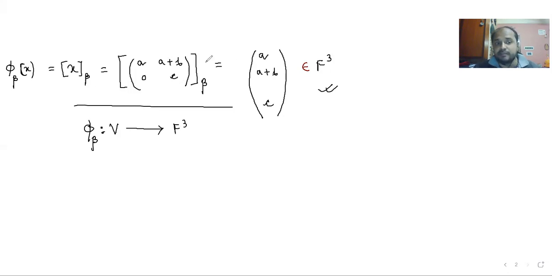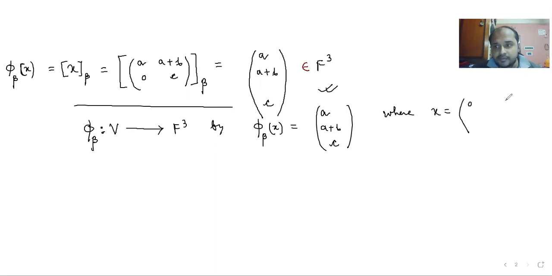So we have constructed the mapping by phi_beta(x) = (a + b, c), where x is a + b, 0 and c. So that is your answer.